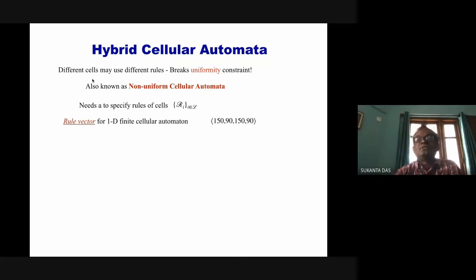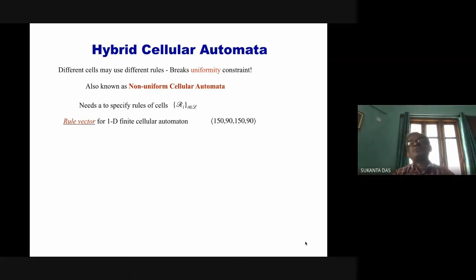Consider, say, 4 cells, with each cell following one of these two rules, rule 90 and rule 150. When I mention rule 90, it means ECA Wolfram's rule 90, and 150 means Wolfram's rule 150. Suppose the first cell uses 150, the second cell 90, the third cell 150, and the fourth cell 90.